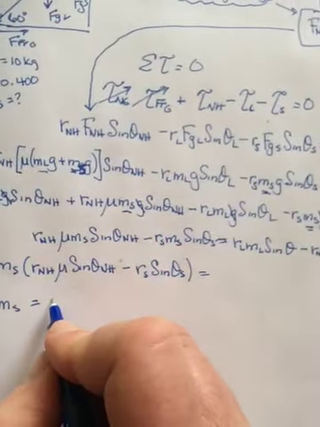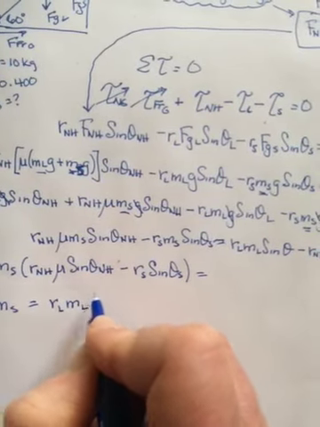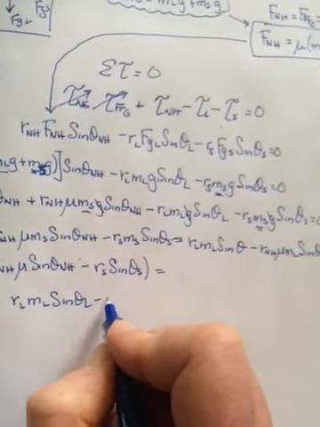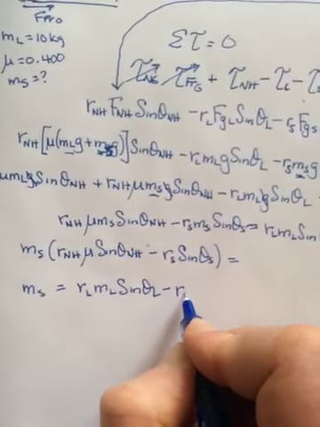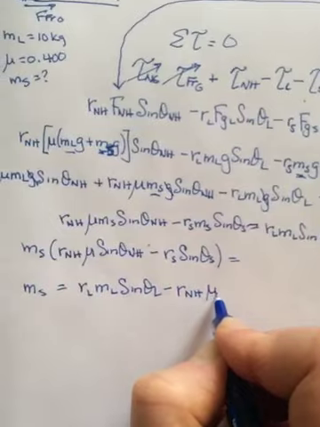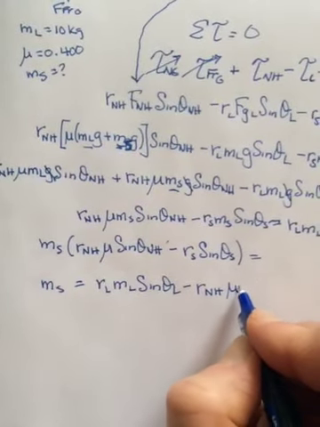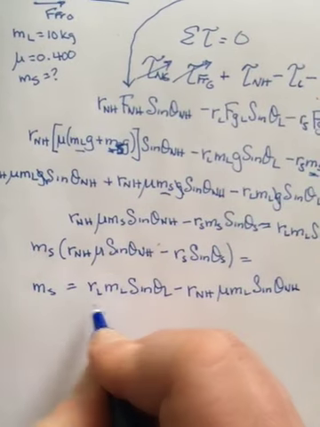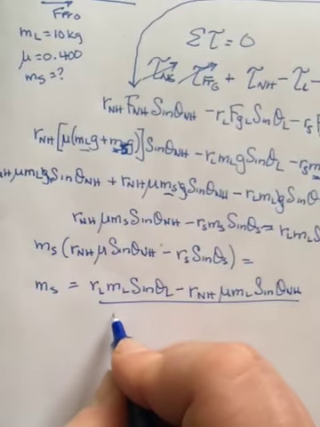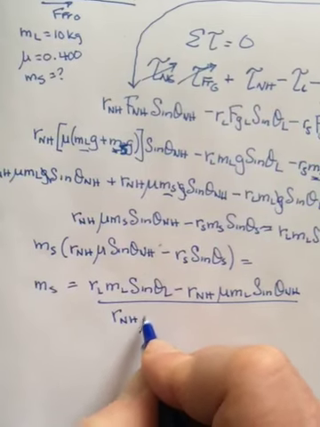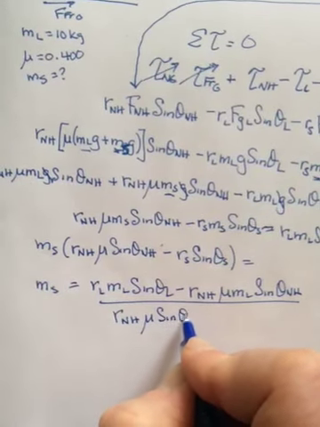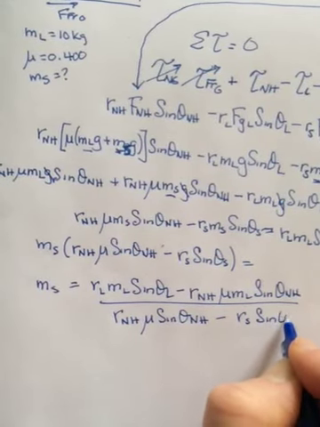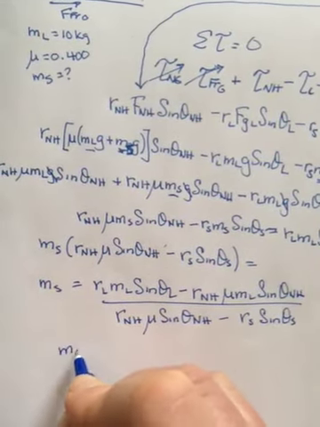So on top will be r of the ladder, m of the ladder, sine theta of the ladder, minus r normal of the house, mu, m of the ladder, sine theta normal of the house, and then the bracket on the bottom, r normal of the house, mu, sine theta normal of the house, minus r of the student, sine theta of the student.